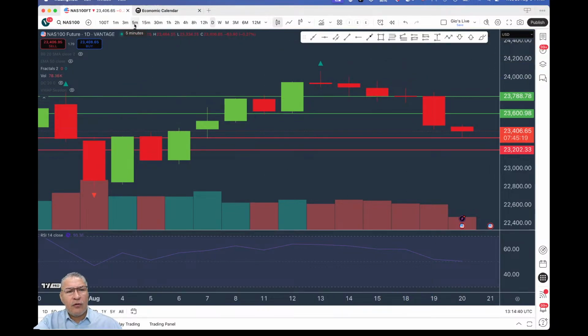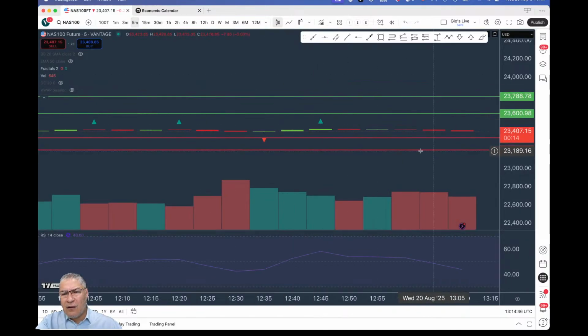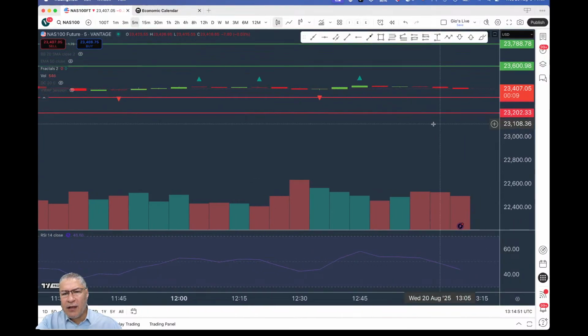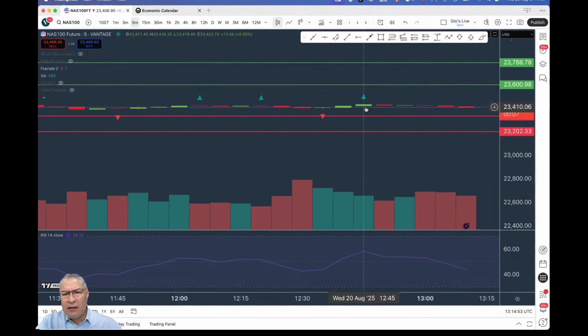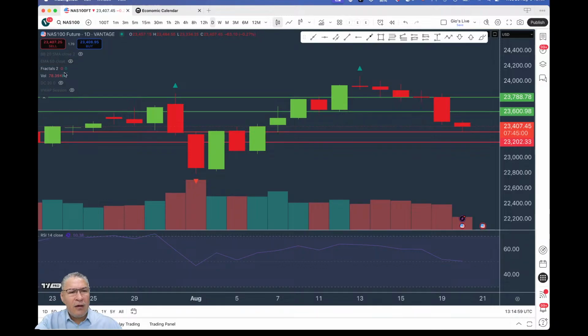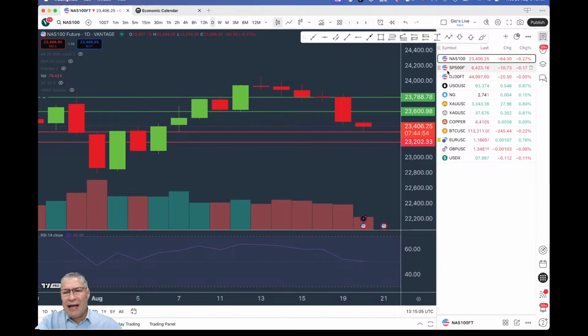Okay, so let's go down to the 5 minute and see what we could see in this case, and nothing has happened here really. So let's go back into a daily and start identifying the rest of the levels for today's trading of support and resistance for the rest of the assets.